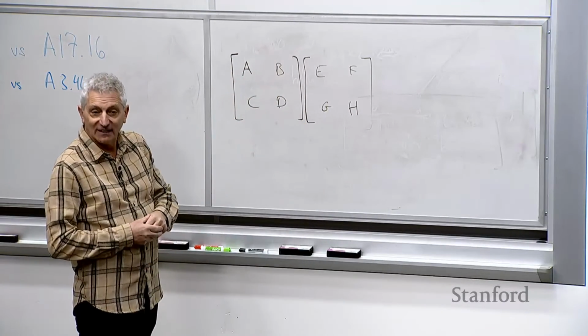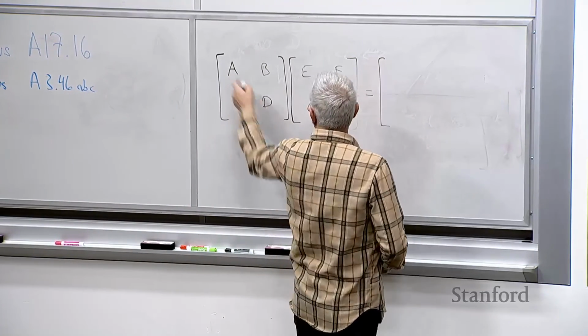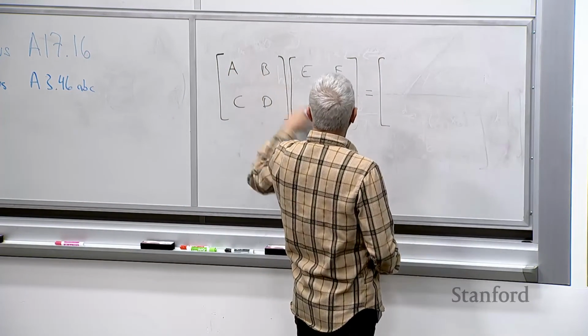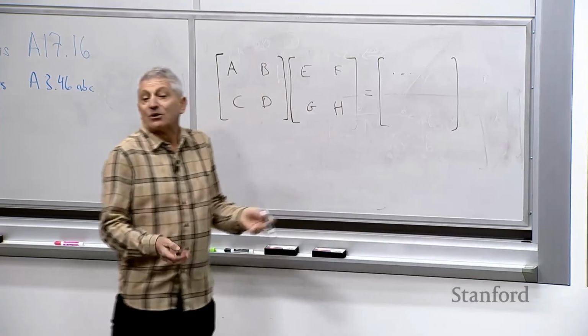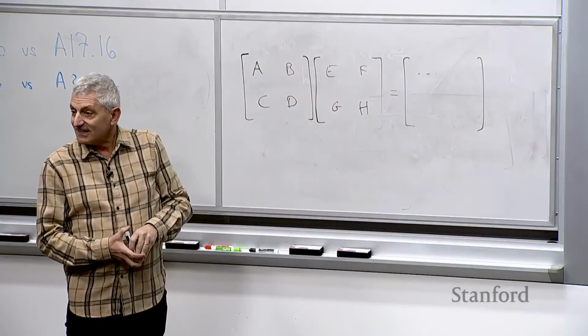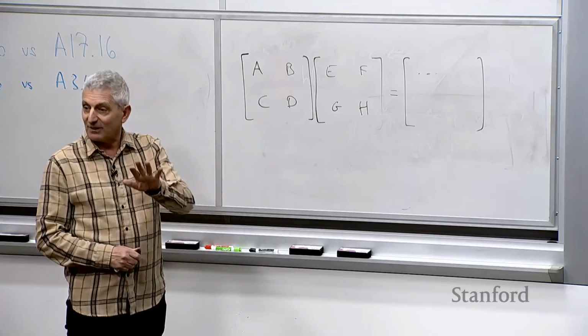And you can work out what it is. I forget what these entries are, AE plus BG or something goes here. Then you have a recursive method, and each of these is given by blocks as well. Everybody following this?